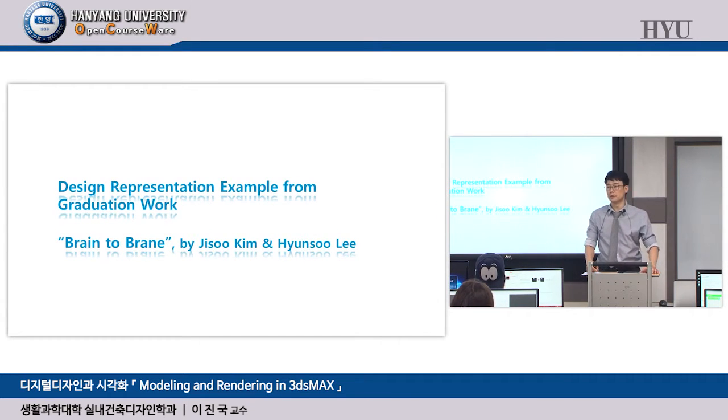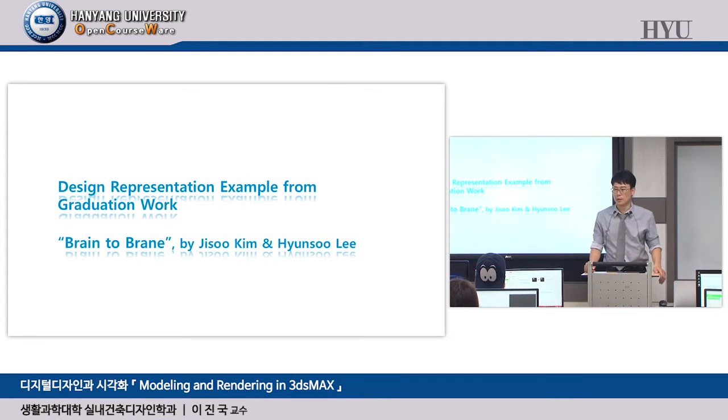Before getting started with today's lecture, I'd like to bring your attention using an example, okay? An example from graduation work. The title is here, Brain to Brain. The reason why I show you this example is not that this is the best award-winning graduation work or something.